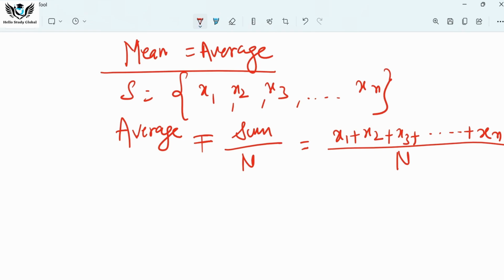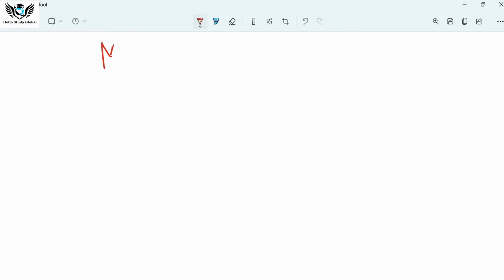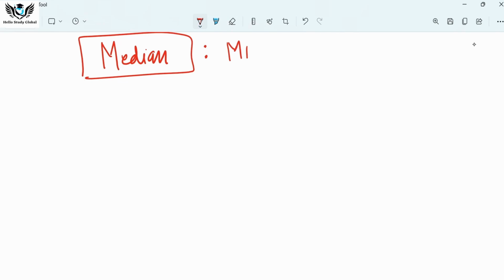So that is the mean. The second quantity that we'll be talking about is the median. Median is nothing but the middle value.